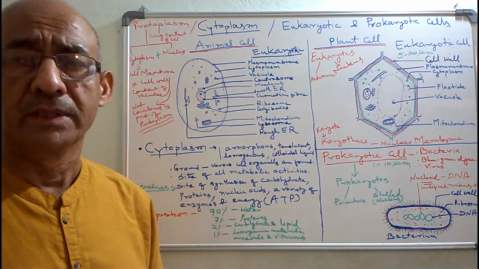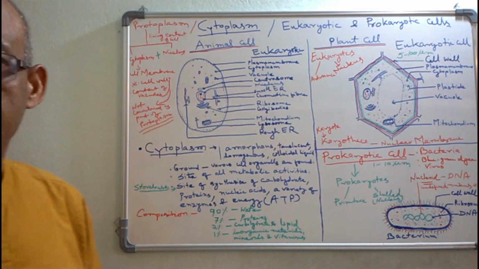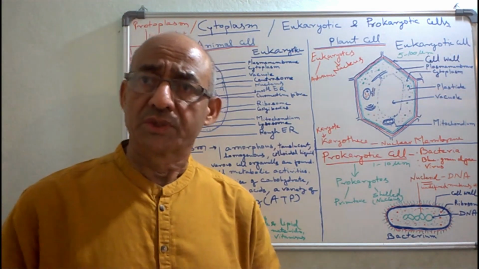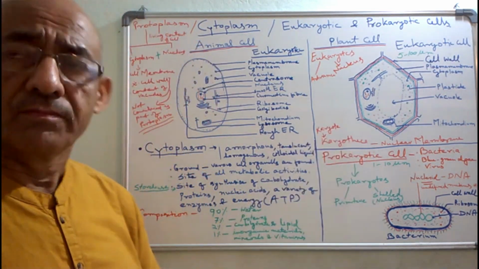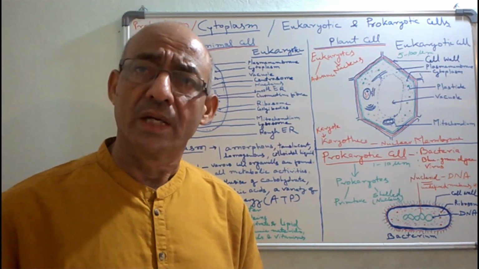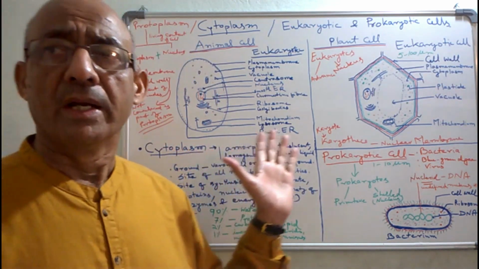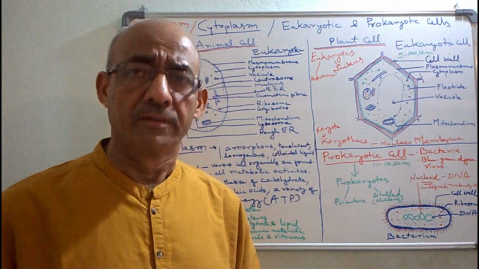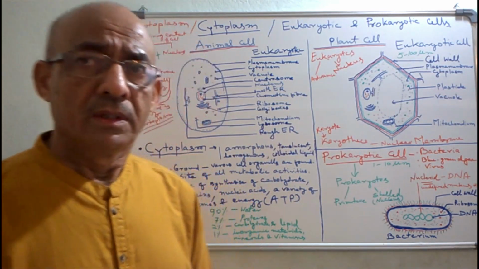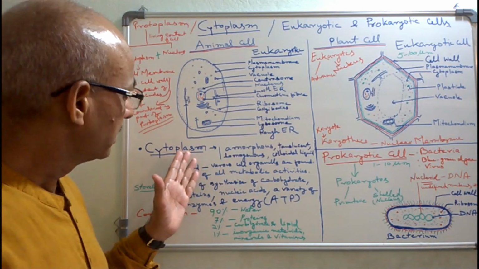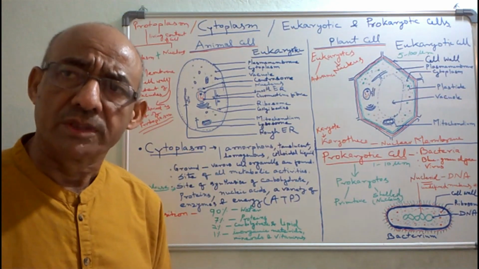After that, there is an additional protection layer, that is the cell wall. In the last session we have already discussed cell membrane and cell wall in detail. Now we will discuss cytoplasm exclusively.